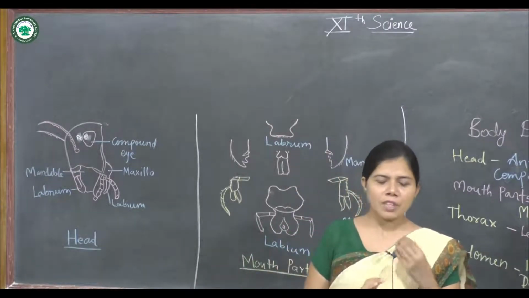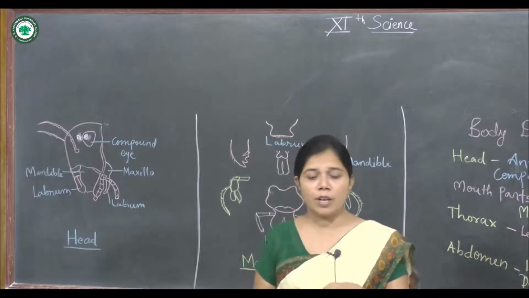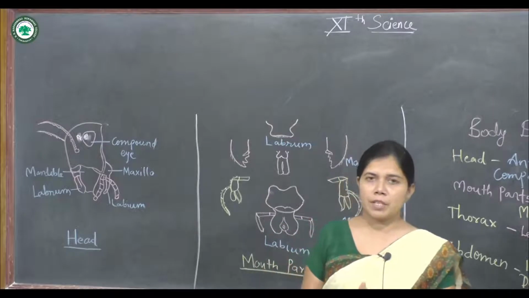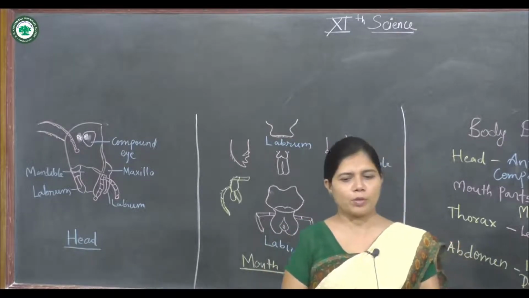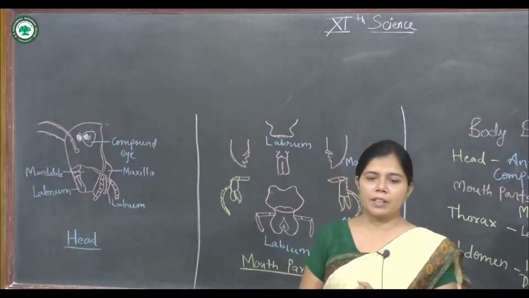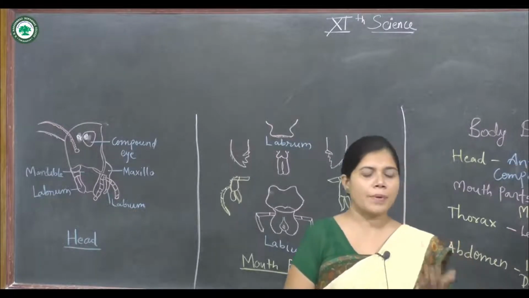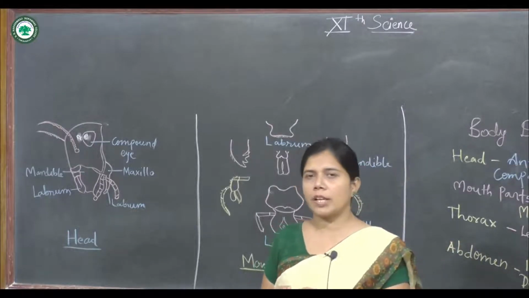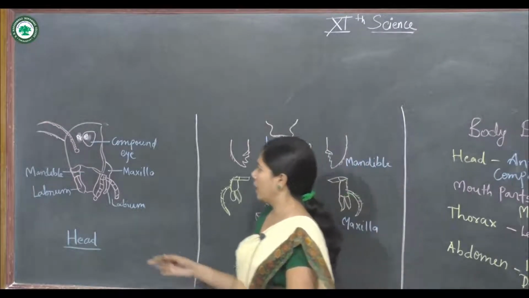They are tactile, means they are used for touch, as well as olfactory, means they are smell organs. They are also useful in locating food material in the vicinity. They are located in membranous pits, which are called the antennal sockets.